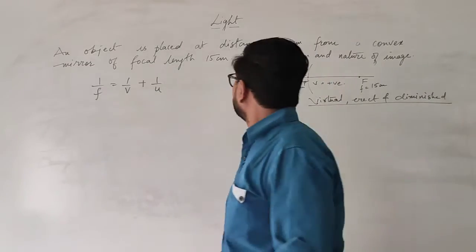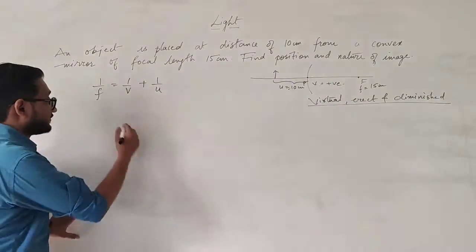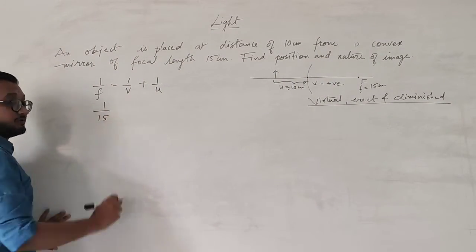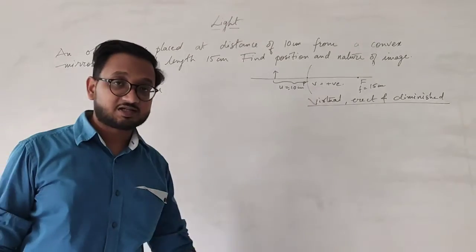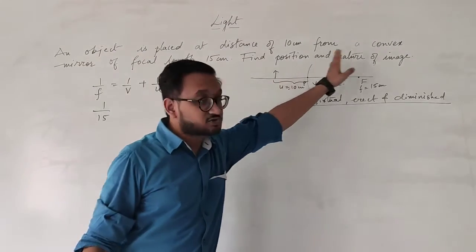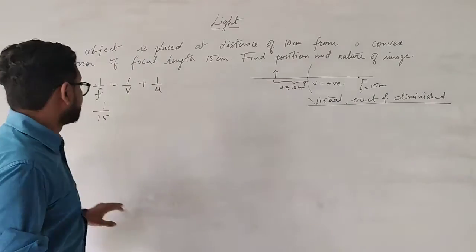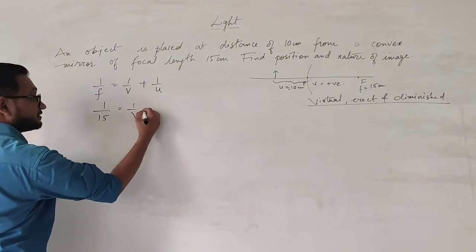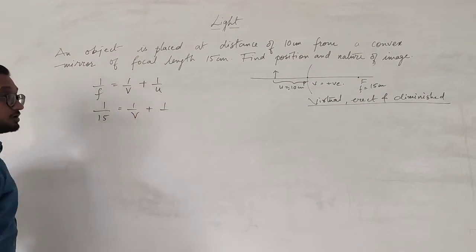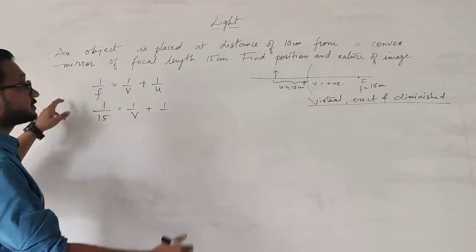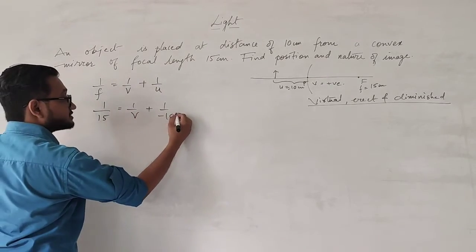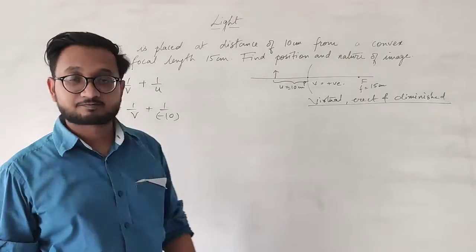Substitute the values. 1 upon f, it is 15 centimeters. So it will be now plus 15 because it is a mirror. The focal length is on the right hand side. Okay. So plus 15, 1 upon v, and u is always negative like I said, and it is given to be minus 10 centimeters. So I am writing minus 10 over here.